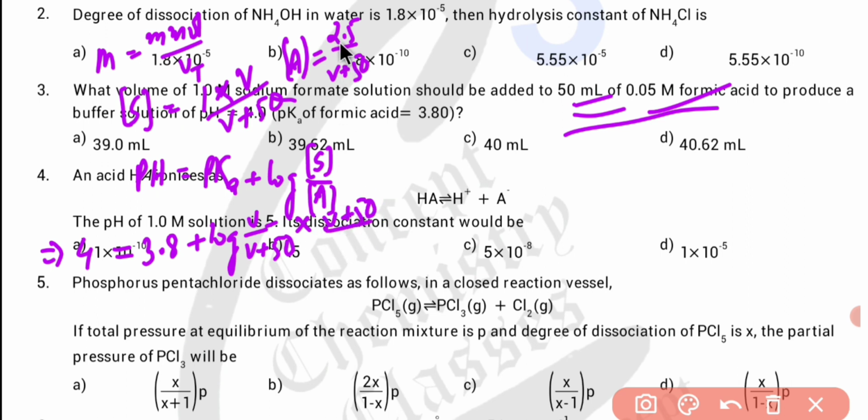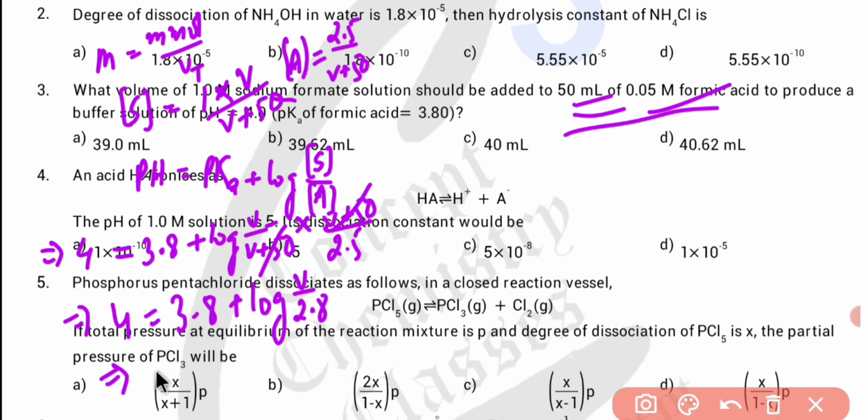So the V plus 50 cancels out, and 4 is equal to 3.8 plus log of V by 2.5. Now 4 minus 3.8 is 0.2, which is equal to log of V divided by 2.5.